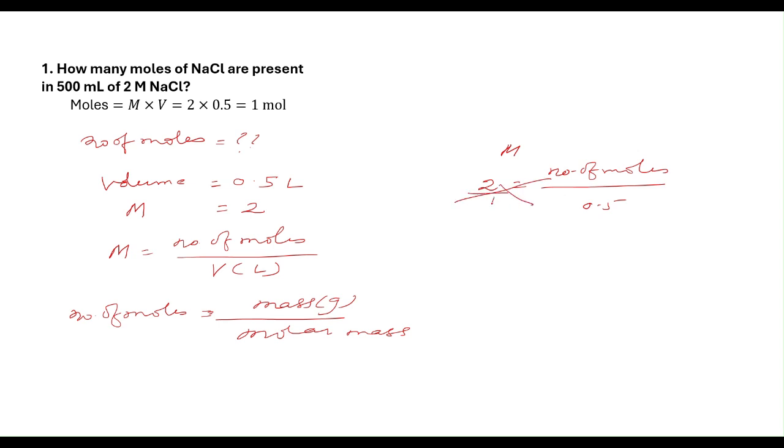Basically 2 is nothing but 2 over 1, so the number of moles is equal to 2 multiplied by 0.5. They will give you 1 mole. So the number of moles is 1. Now let's look at the next question.